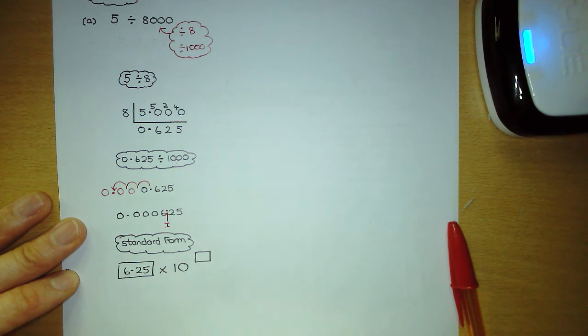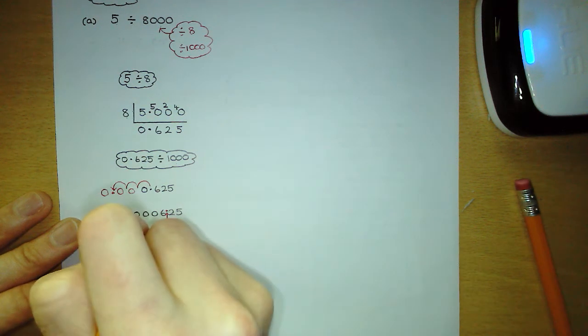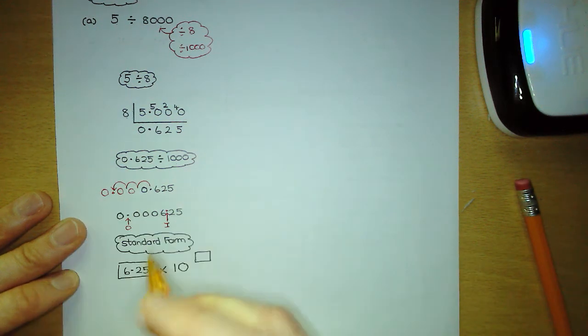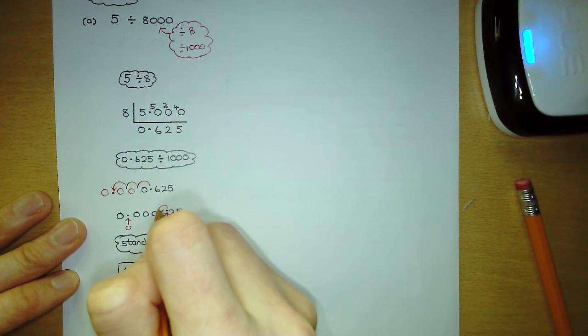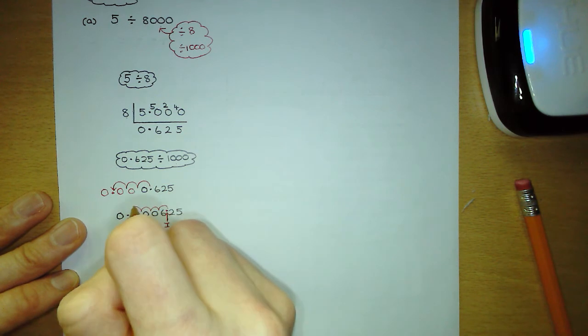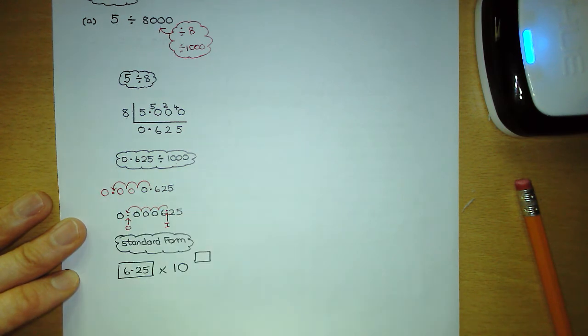Now, to get the power of 10, remember, you have to move from the inserted decimal point to the original one. So the original one is here. So we're going to have to move 1, 2, 3, 4 places to the left. So the power of 10 is going to be -4.